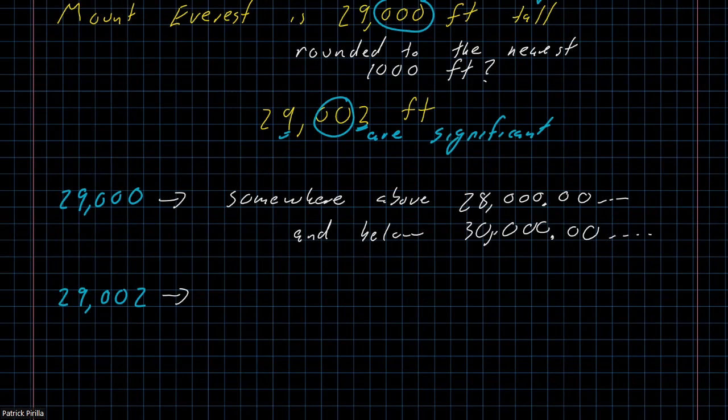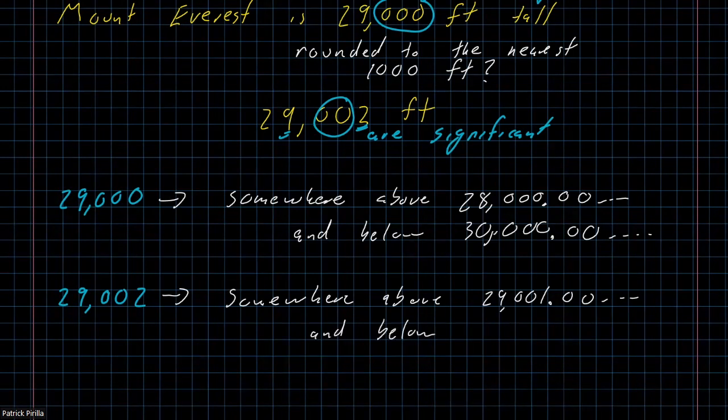This measurement is somewhere above 29,001.00, lots of zeros, and below 29,003.00, lots of zeros. All right, so that is the significant digits convention. The tolerance in our measurement is based on where it appears that we rounded the value.